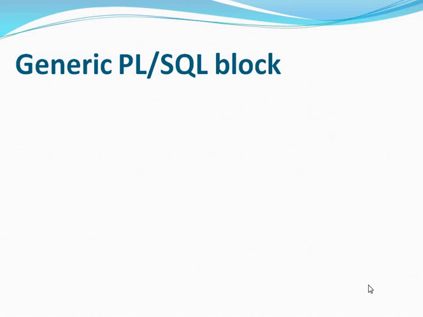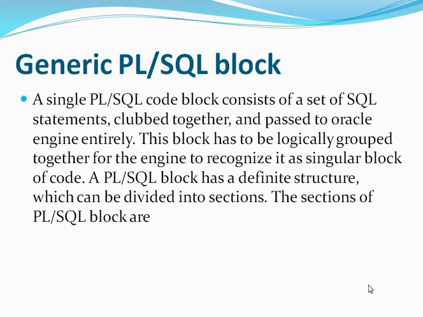Let us look at a generic PL/SQL block. What does this single PL/SQL code block consist of? A single PL/SQL code block consists of a set of SQL statements clubbed together and passed to the Oracle engine entirely.